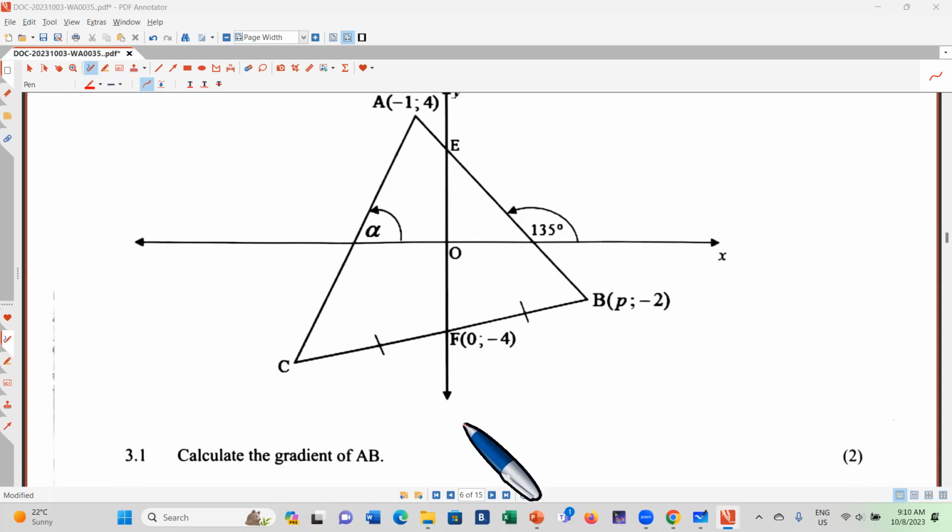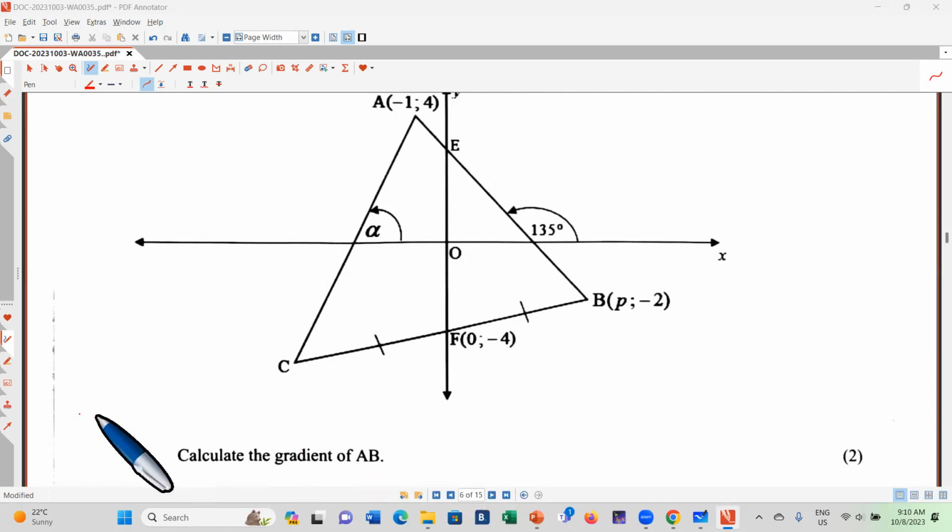And how does one do that? And the marks were only 2. So it's straightforward. This is the point A there, and this is the point B. So how do we therefore find the gradient of the line AB?